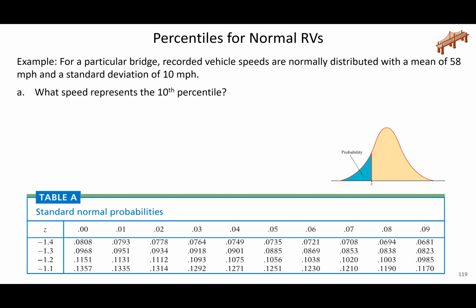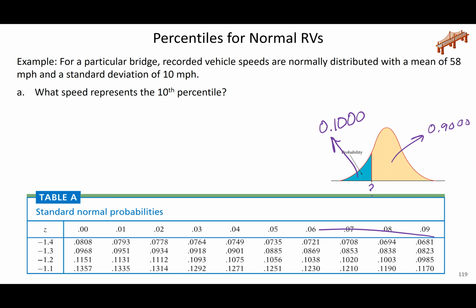If a vehicle is in the 10th percentile, that means that 0.10, I'm going to even throw in a couple zeros, is below this value. And about 0.900 is above. We're not too worried about that area here.